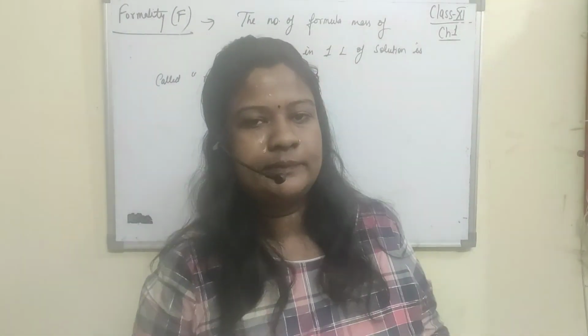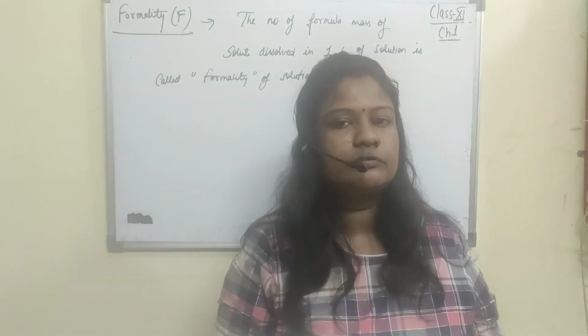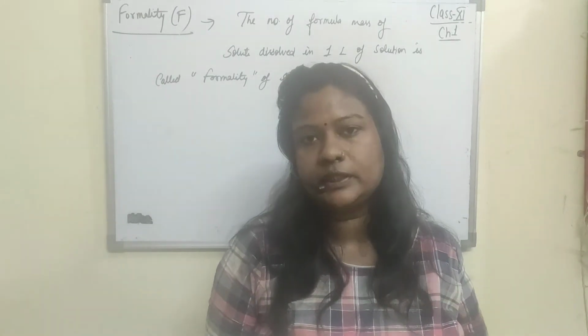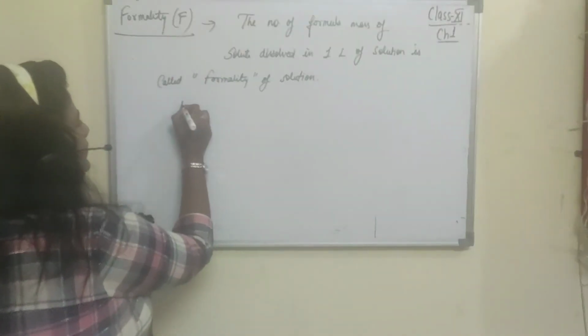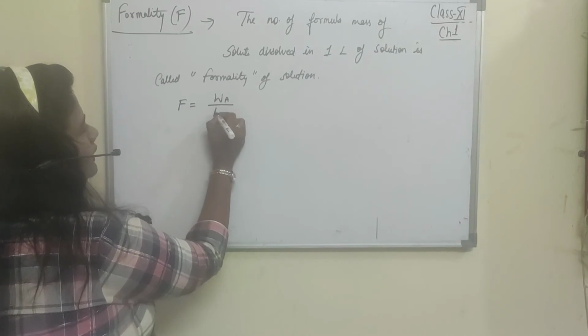For some salts, especially ionic salts, ionic salts represent the formula mass. It means the molar mass of NaCl will be equal to its formula mass. So formality capital F is equal to WA upon FA.